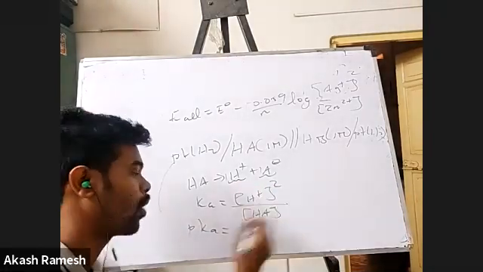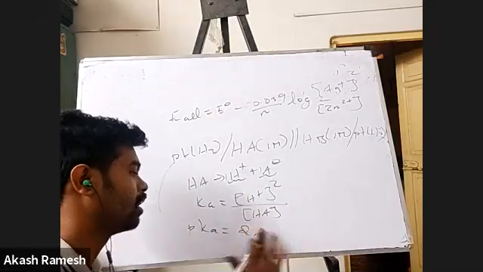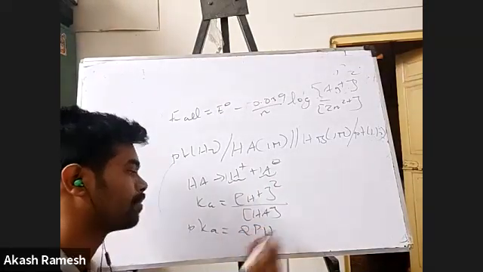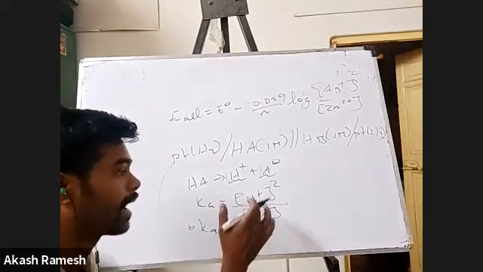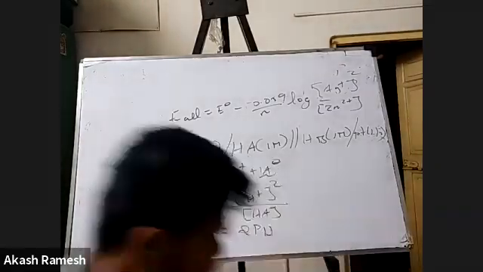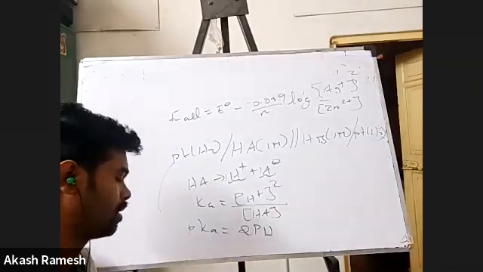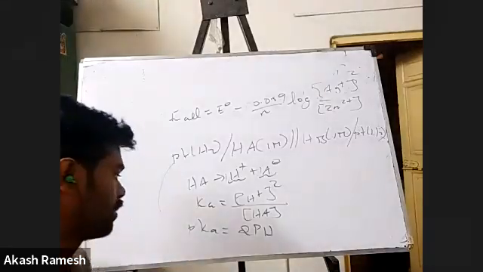Now there is a squared, so I can write it as 2 into pH. Sir, it will be the other way around, because taking negative of log means H has to be in the numerator. Okay, fine. If you're getting confused, let me write it like this.